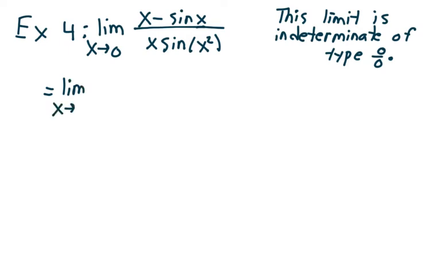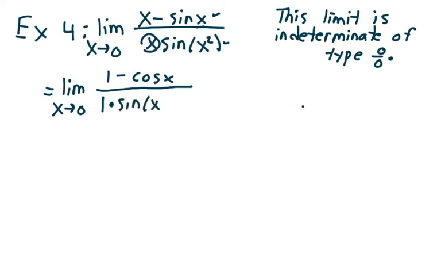So we're going to take the limit as x goes to 0. If I take the derivative of the numerator, I get 1 minus cosine x. The derivative of x is 1. The derivative of sine x is cosine x. If I take the derivative of the denominator, I have to apply the product rule. The derivative of x is 1, so I get 1 times sine of x squared.